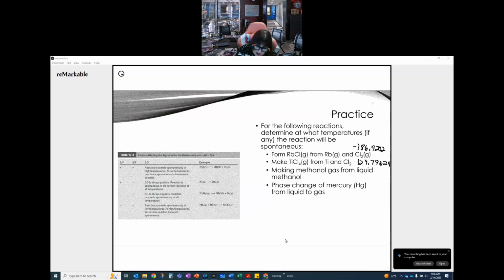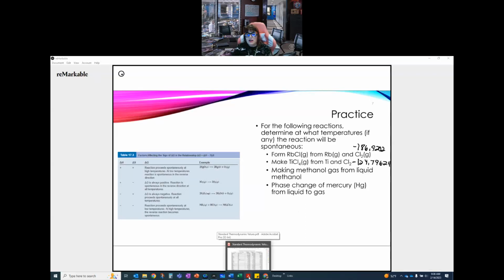So that's this one. Making methanol gas from liquid methanol. Now, in order for me to look at this, I have to look at those tabulated values again, right? So I need to have both an enthalpy and an entropy to make this work. So I have my entropies. These 2 are here, and these are joules per mole Kelvin.